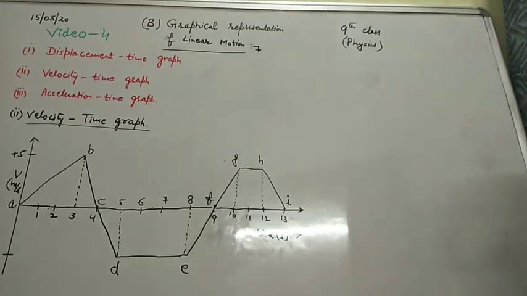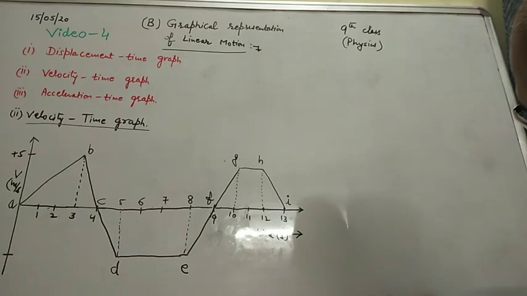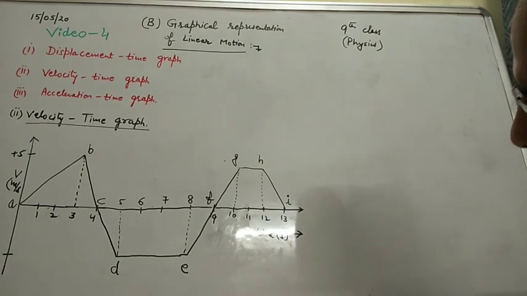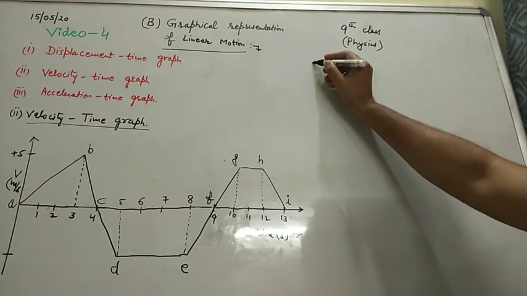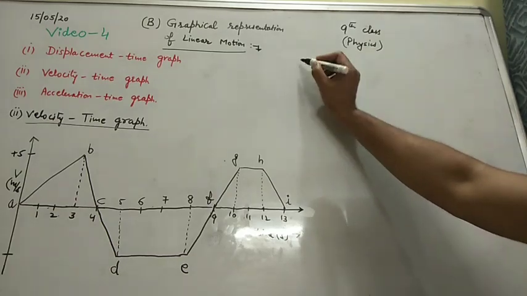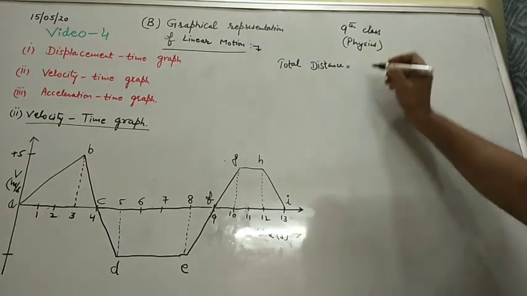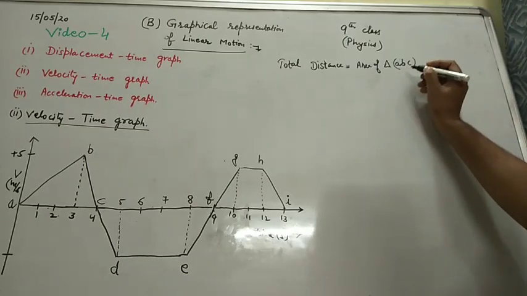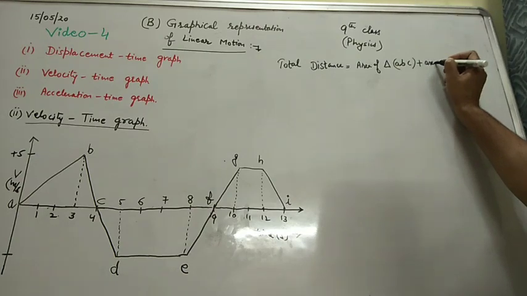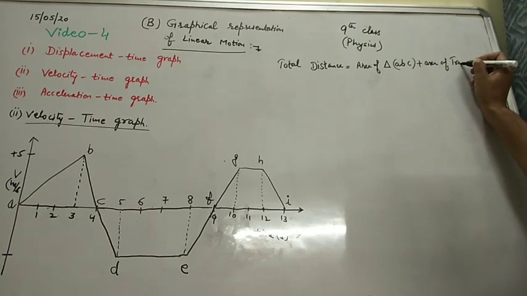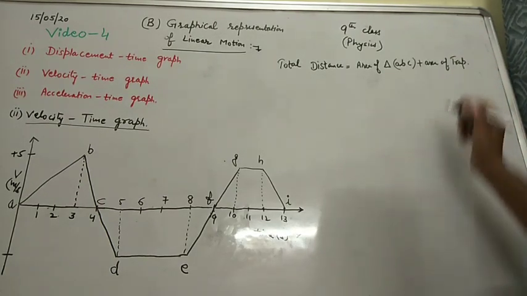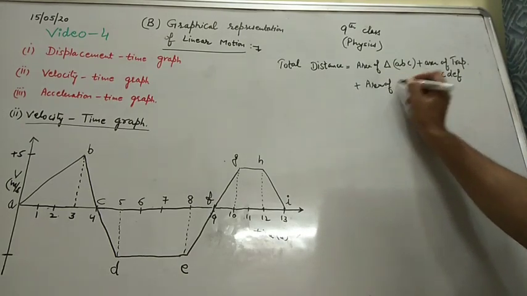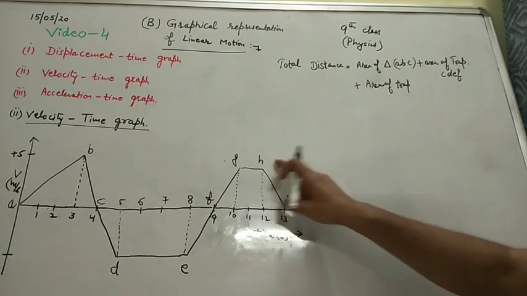And in this case, if we want to get the distance from this velocity time graph, simply to find the total distance, we'll take the area of triangle ABC plus area of trapezium CDEF plus area of again trapezium FGHI.